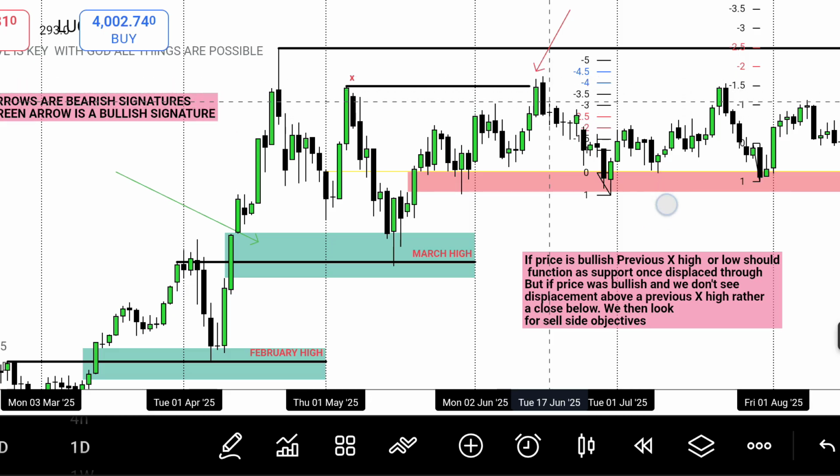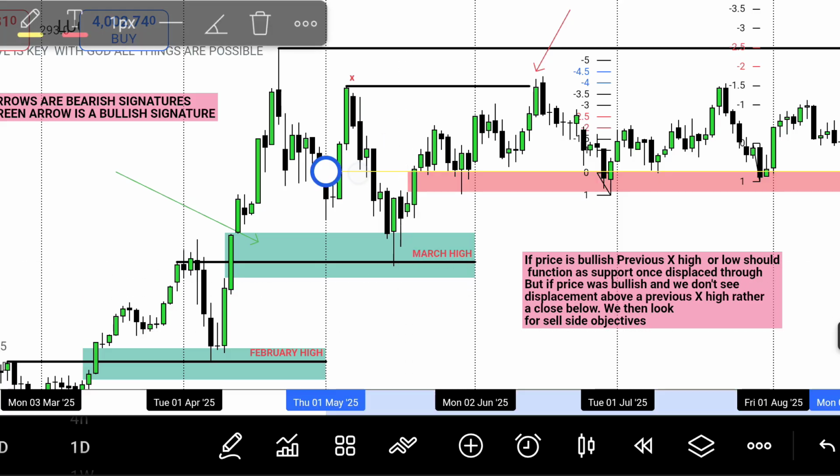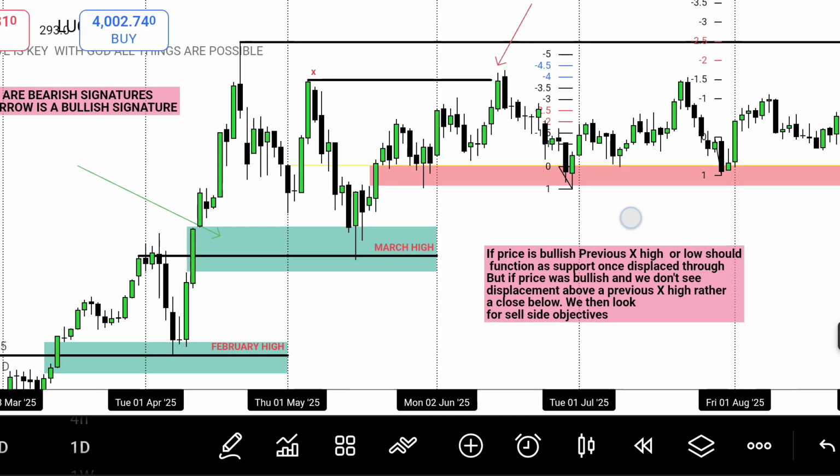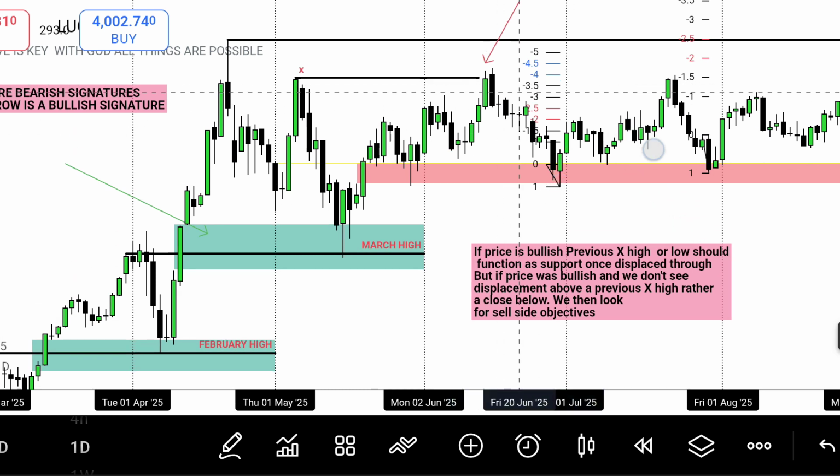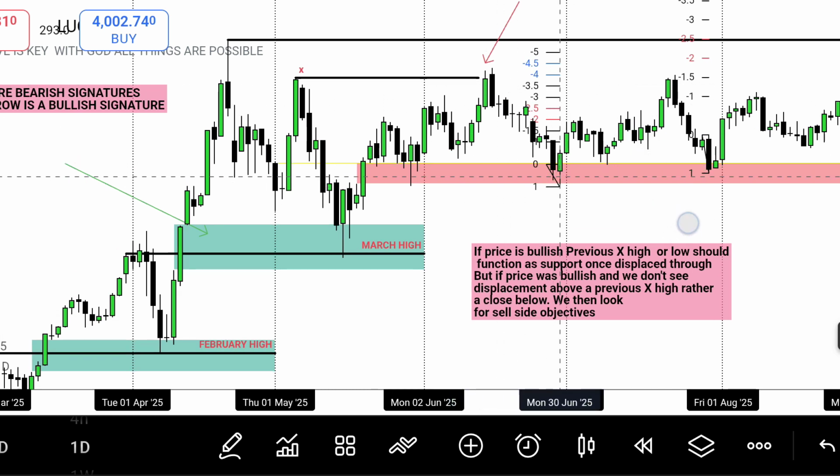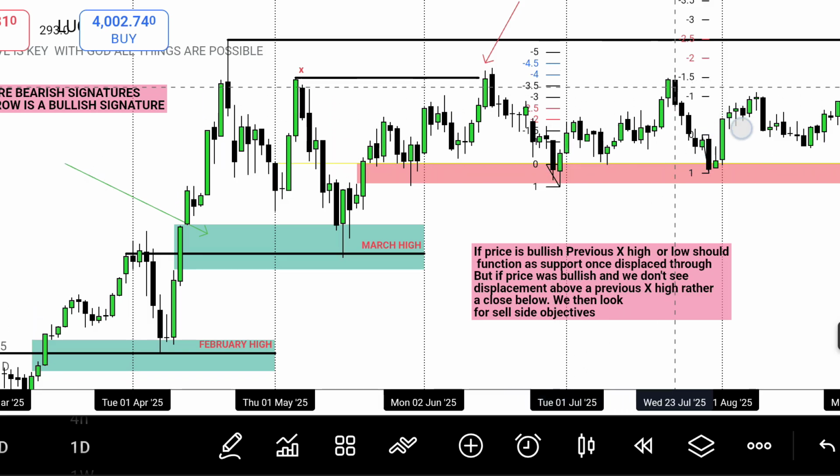Then my eye will be immediately drawn to the range of this fair value gap that formed through May's opening price, which I annotated in yellow. Then when price grinded to the downside, we immediately rejected the fair value gap. Then again, it's the same process over and over. Then my eye will be drawn to the buy side liquidity above market price.